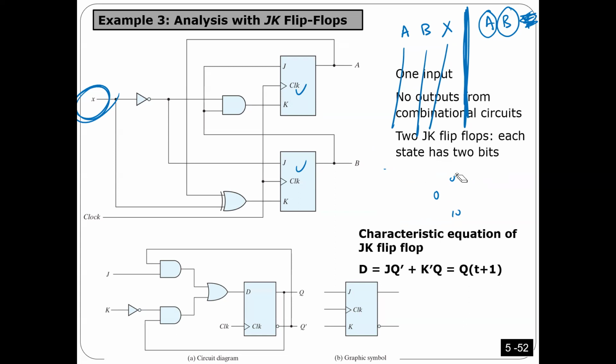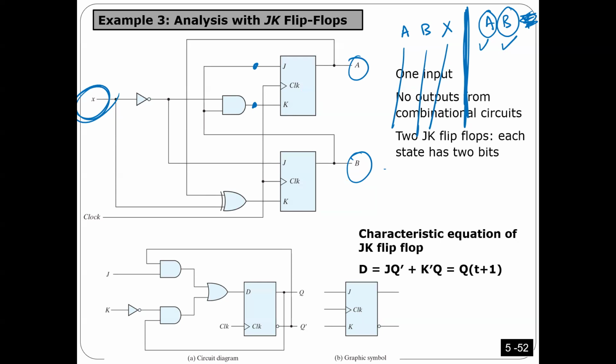So now, in order to proceed, I need to find the equation for A and the equation for B. To find them, as I told you before, number one, you need to calculate the inputs J and K. Number two, you plug in the characteristic equation of the JK flip-flop. It's going to be somewhat bigger.